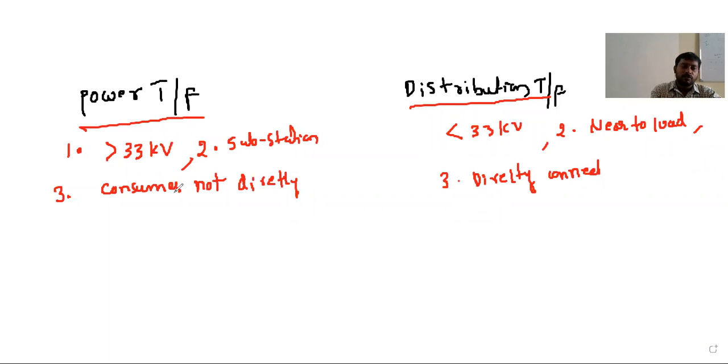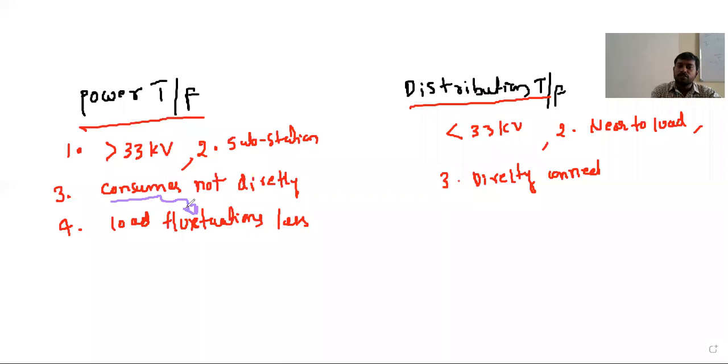And if you take the fourth difference, load fluctuations are less. As we know, the load is not directly connected, so consumers are not directly connected.